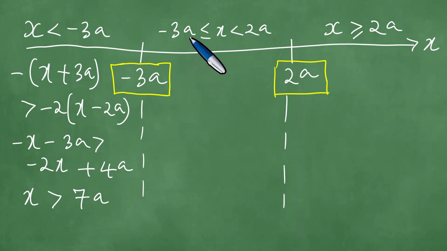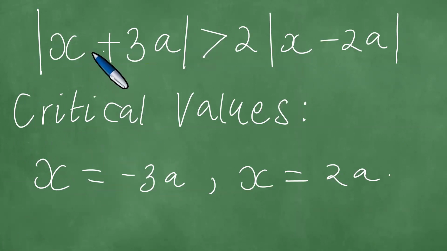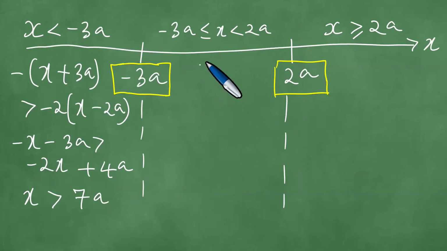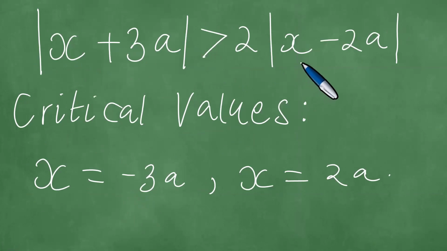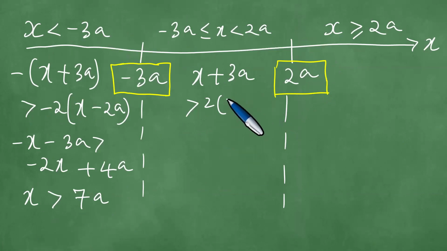Between minus 3a and 2a, we can pick 0. 0 plus 3a is going to be 3a, so that we can write just x plus 3a bigger than 2 times 0 minus 2a would be minus 2a. So it's surely a negative, so we're going to be having minus 2 into x minus 2a.